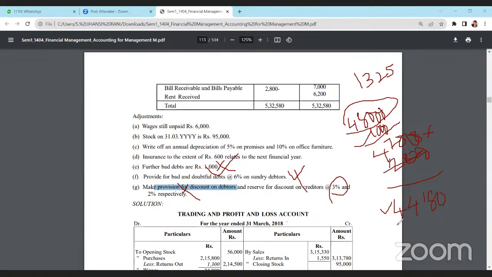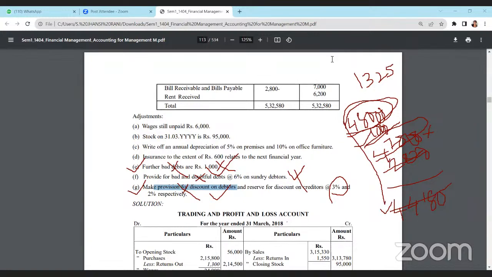For example, if we don't have bad debts or any provision, and have only discount, then directly on 48,000 we will calculate the discount. This sequence comes only when we have all three. If we don't have any provision, and have only bad debts and discount, then directly on 47,000 we will calculate the discount. But this is the sequence you have to remember.